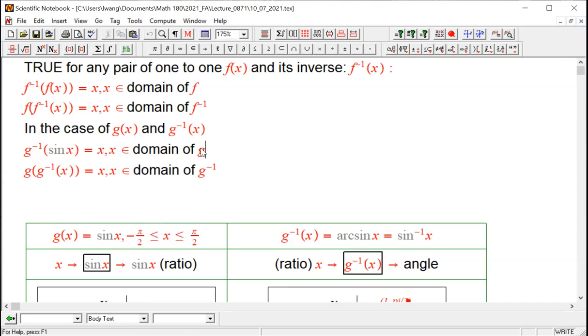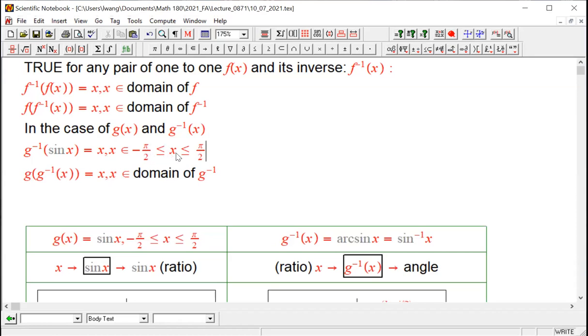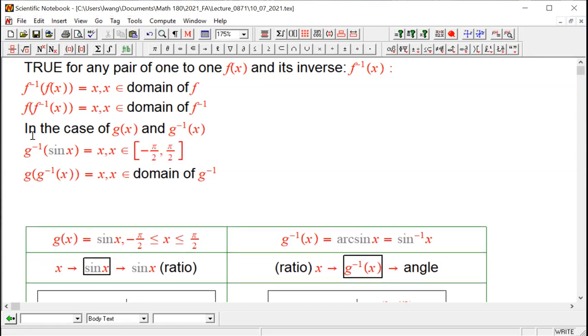Right here, that's the interval. And what is G inverse? ArcSine. You follow me? You can see that in the special case, these will turn into the special case.